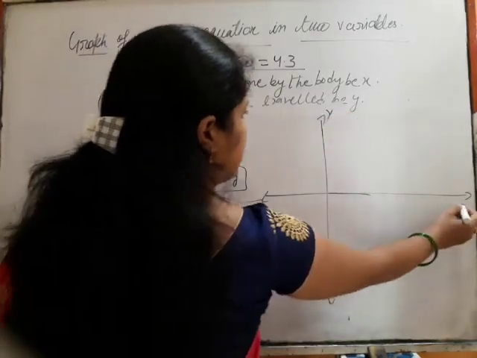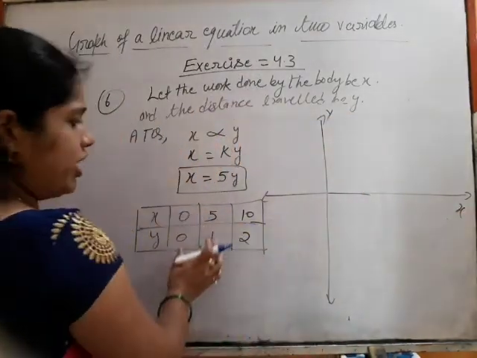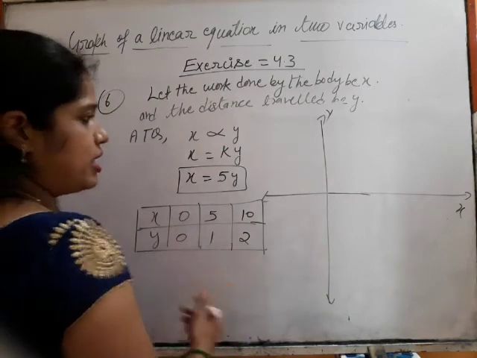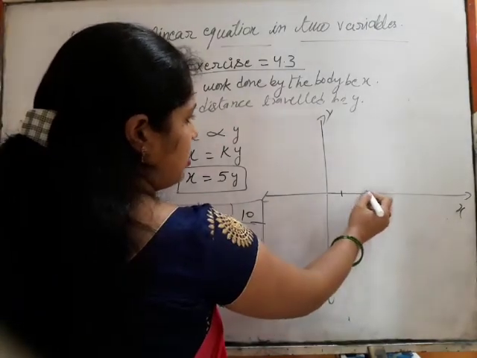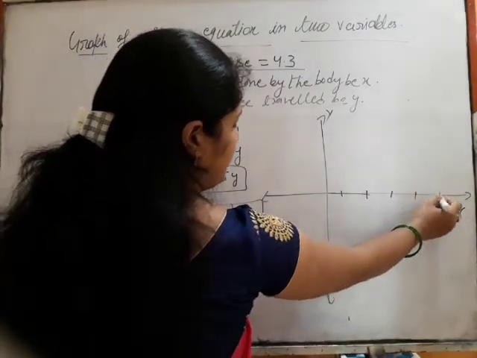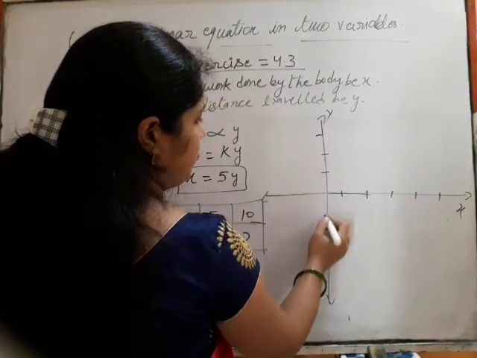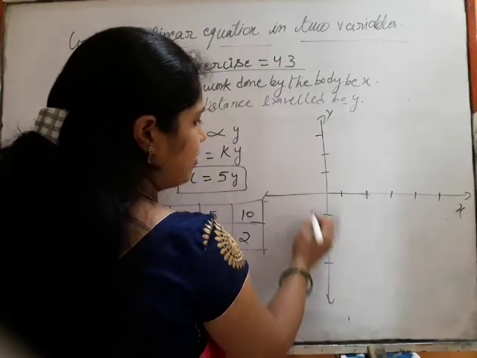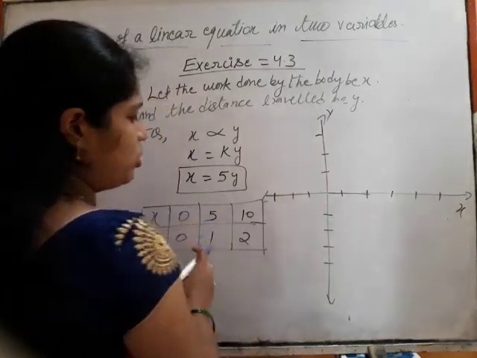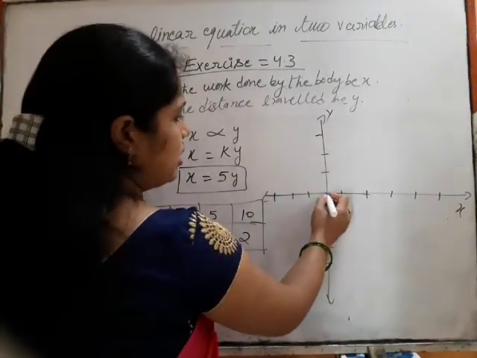This is y-axis, this is x-axis. Okay. So according to the values which I have got here, let us plot that. It's up to you how you take the divisions on the number lines according to the values over here. This is 0.